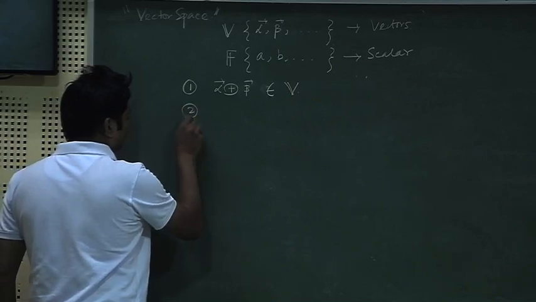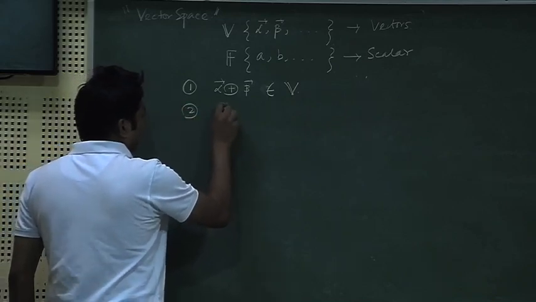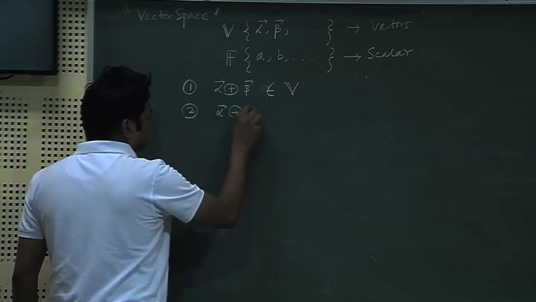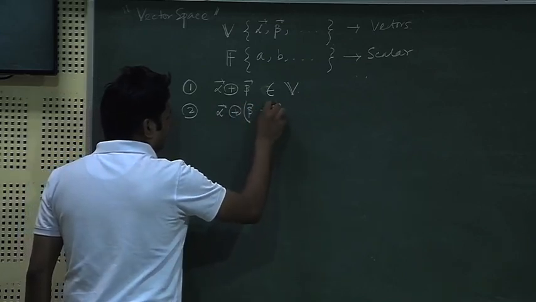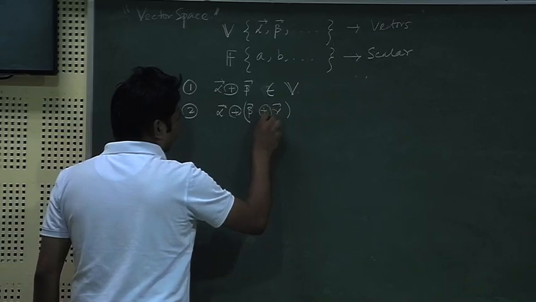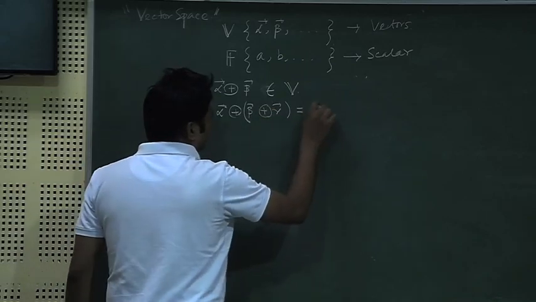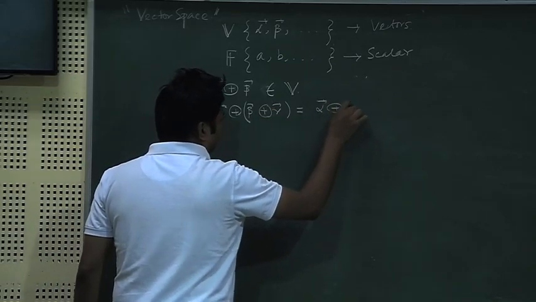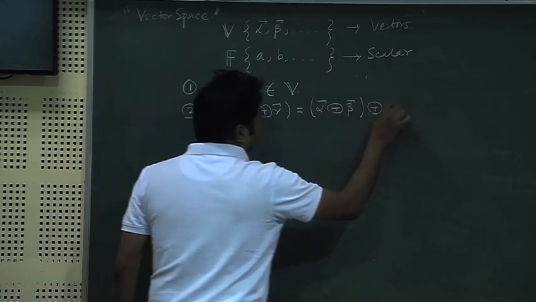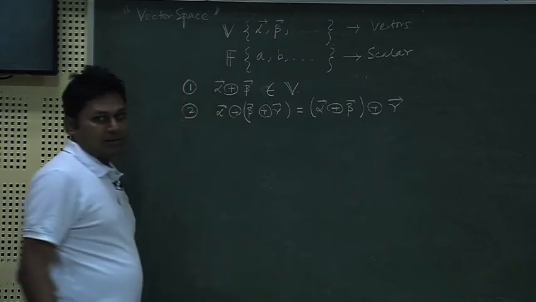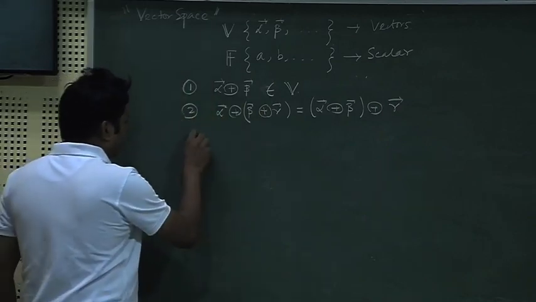Second, alpha plus beta plus gamma is equal to alpha plus beta plus gamma, the associative rule that we already defined. So okay, fine.